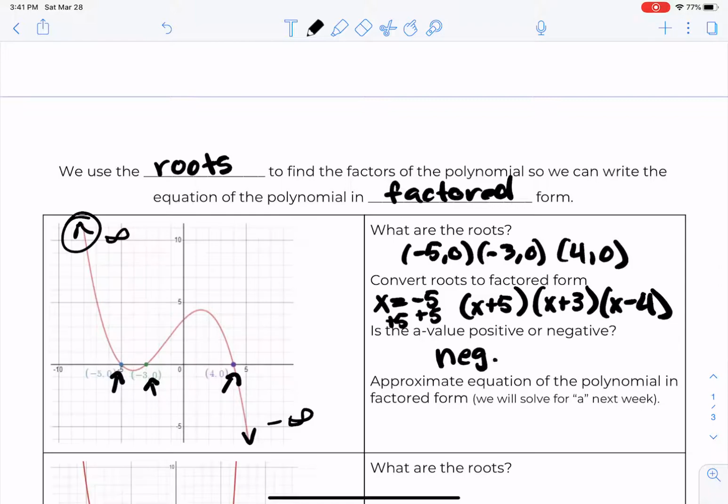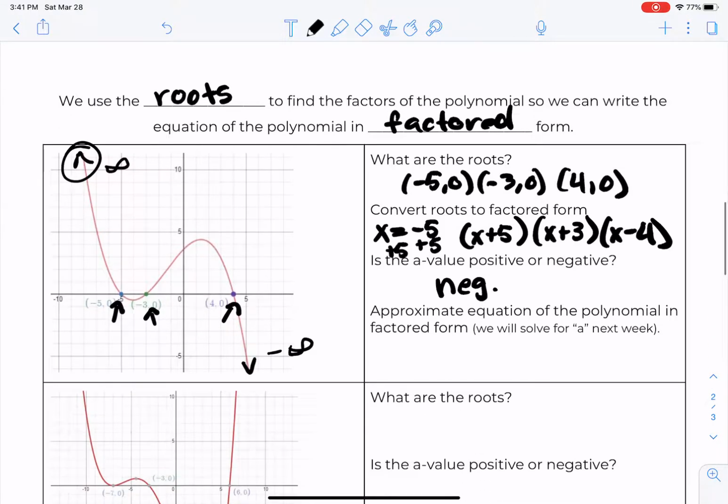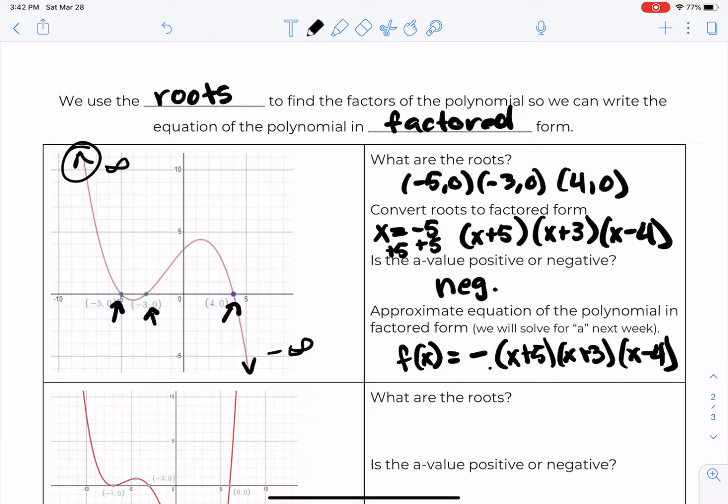So an approximate equation, not solving for a, would be f of x equals negative, we don't know what a is, we're going to solve for that next week, so we're just going to leave it as a negative for now, times x plus 5, x plus 3, and x minus 4. And that's how we do that.